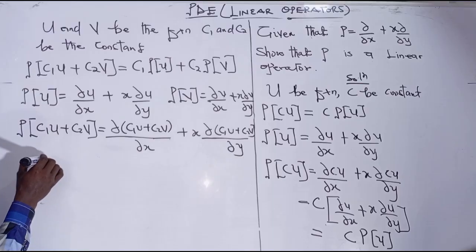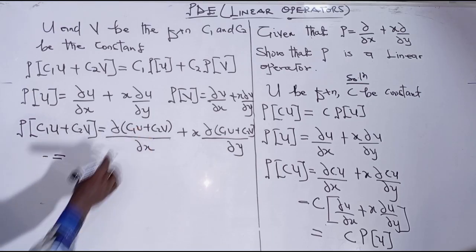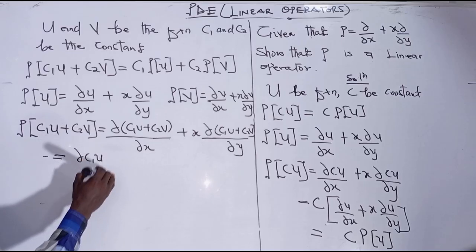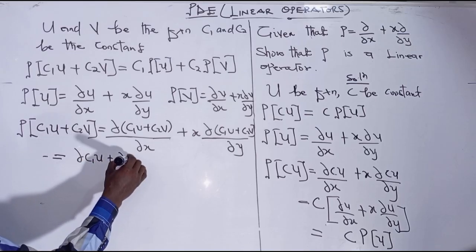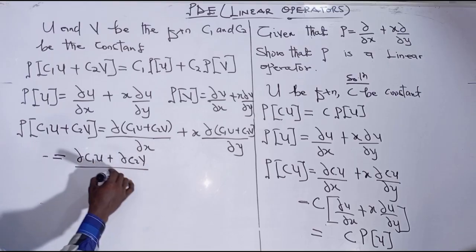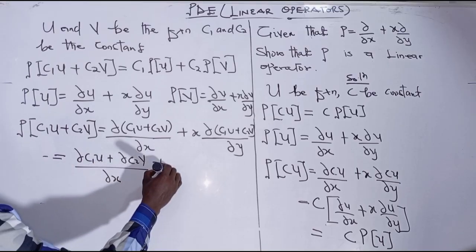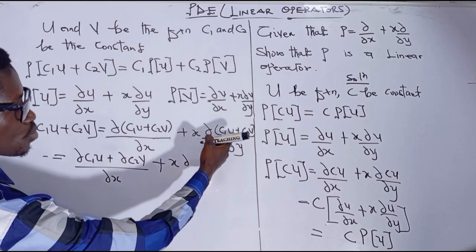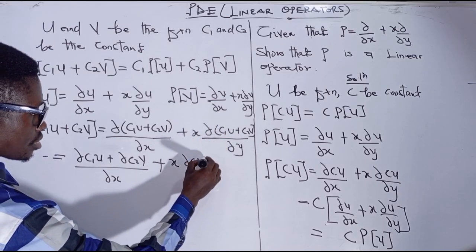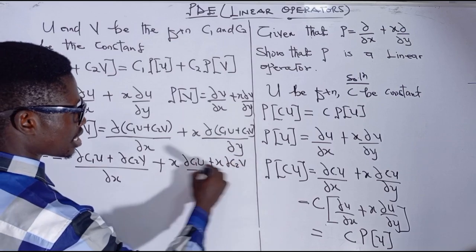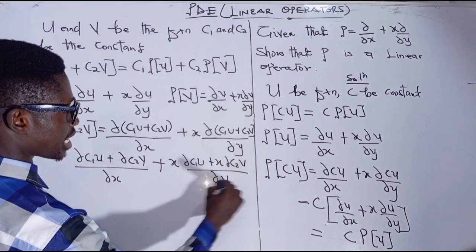So at this point, we can expand the bracket to have del C1U plus del C2V all over del x. Then we have x, we expand the bracket, we have del C1U plus del C2V, and all of this is over del y.